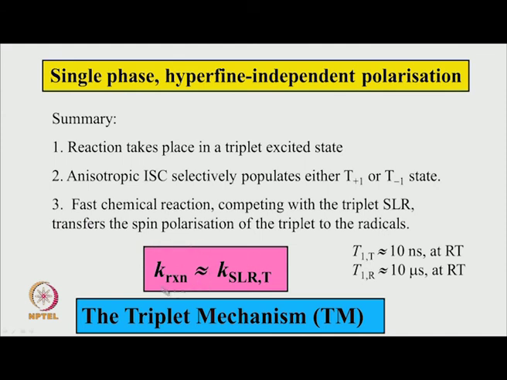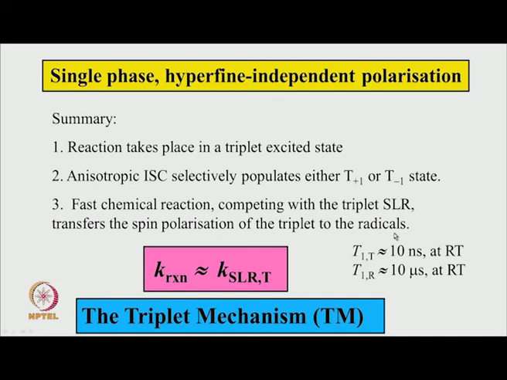The reaction rate must be comparable to the spin lattice relaxation rate constant of the triplet. This is the condition that needs to be satisfied, but keep in mind that it is not easy to satisfy, because the triplet spin lattice relaxation time is of the order of 10 nanoseconds at room temperature. So, the reaction must also be comparable to this time.